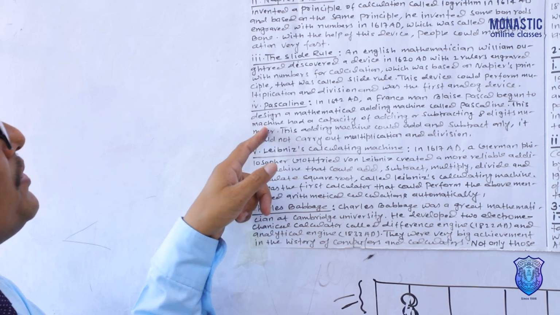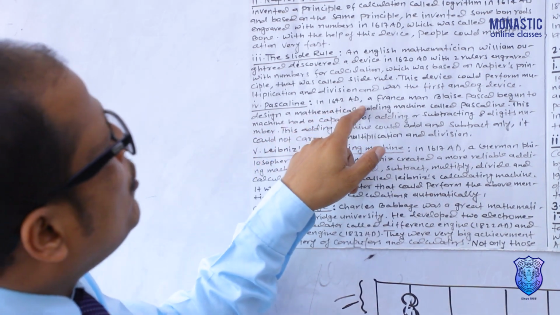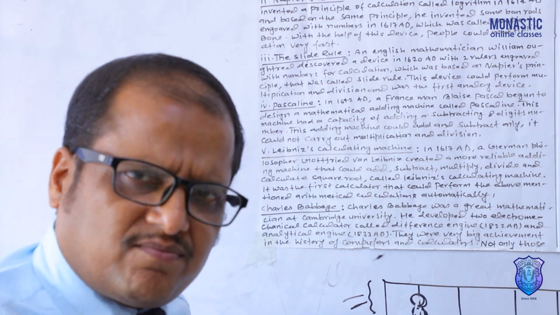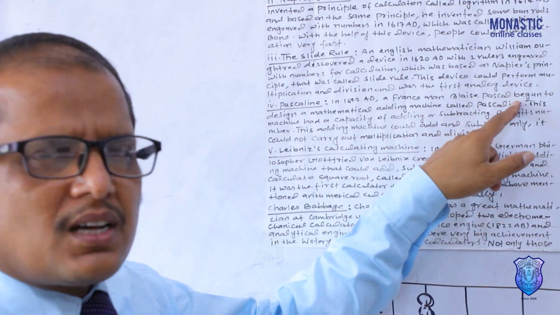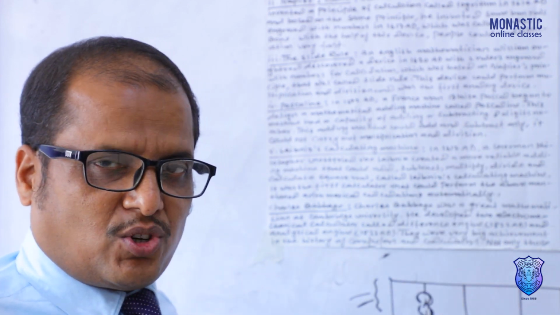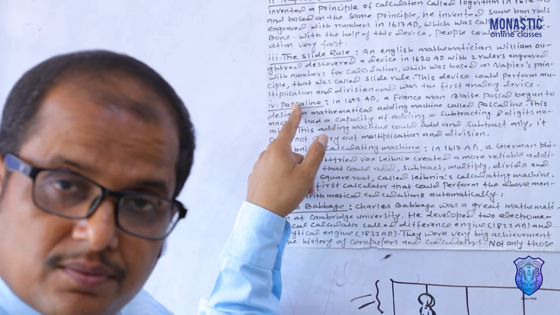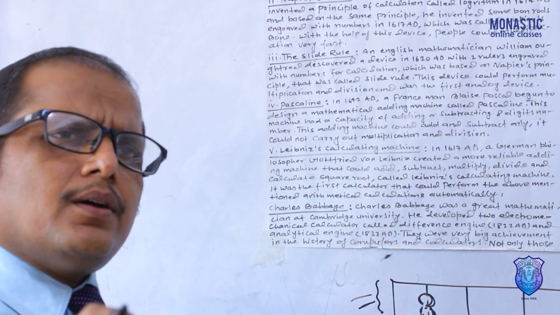Now move to another. Next one is the Pascaline. In 1642 AD, a Frenchman named Blaise Pascal began to design an adding machine, which is known as the Pascaline.